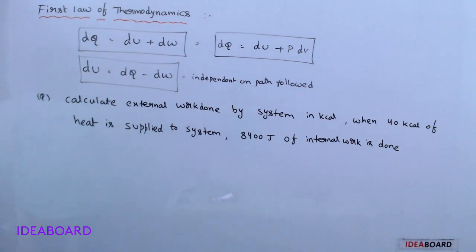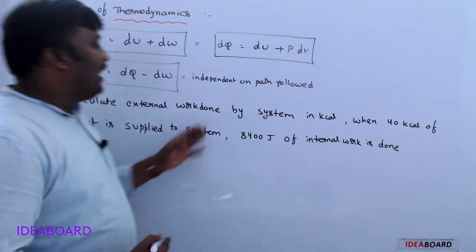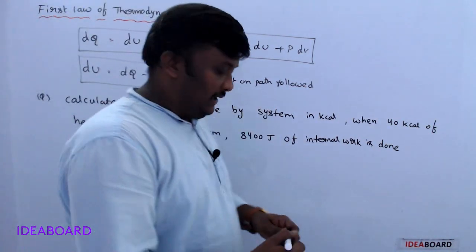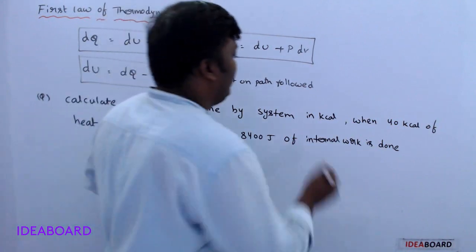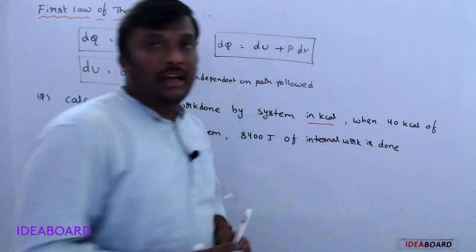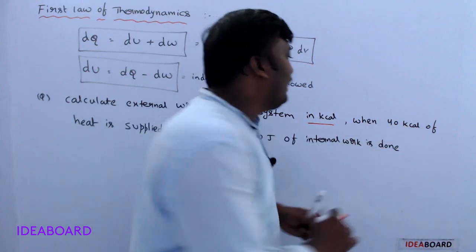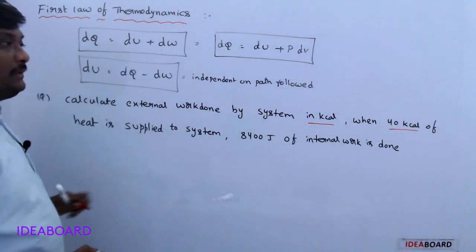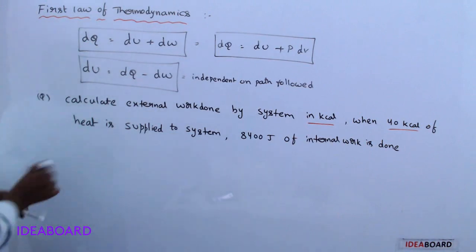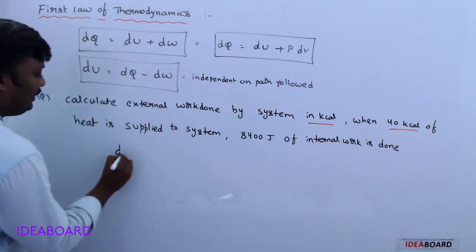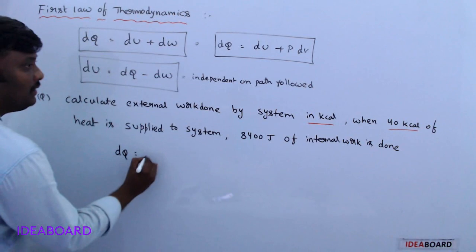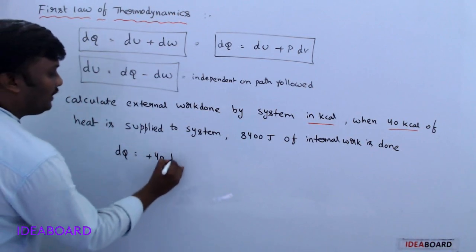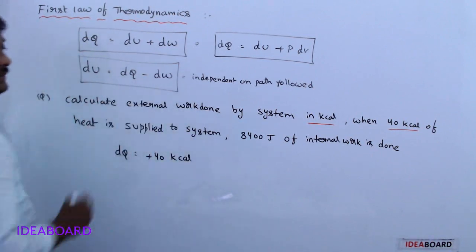Let us see another numerical. Calculate the external work done by the system in kilocalories. He is asking for the answer in kilocalories. When 40 kilocalories of heat is supplied to the system, it means dq value is plus 40 kilocalories.